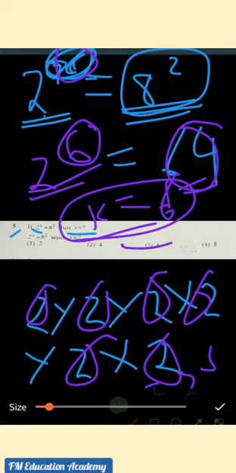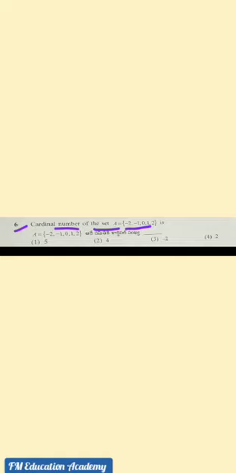Okay. Moving on to sixth question. Sixth question, cardinal number of the set A is equal to minus 2, minus 1, 0, 1 and 2. We know set A is given as minus 2, minus 1, 0, 1, 2.